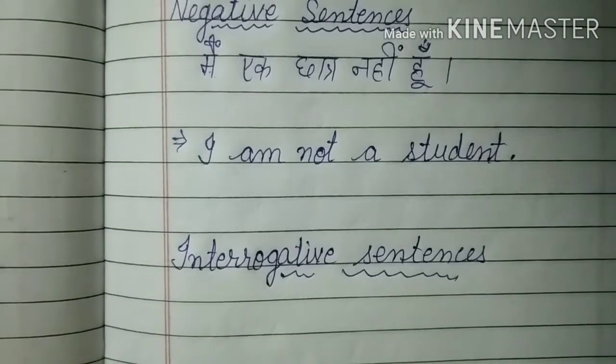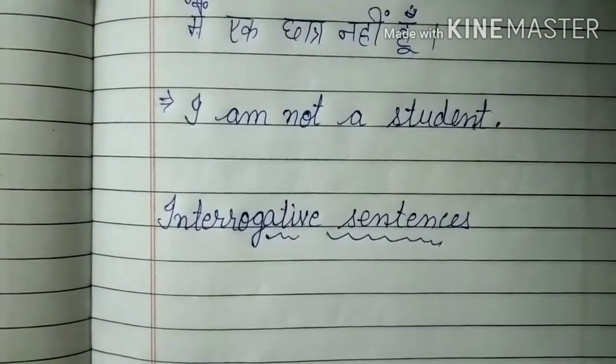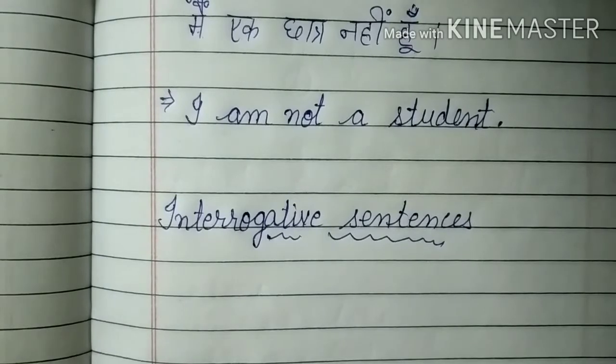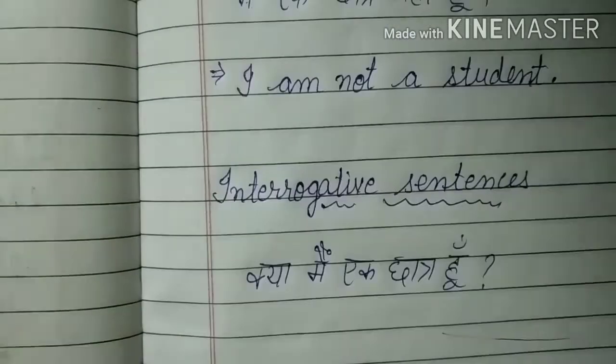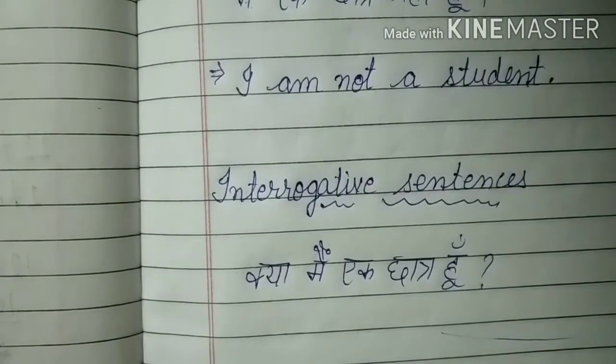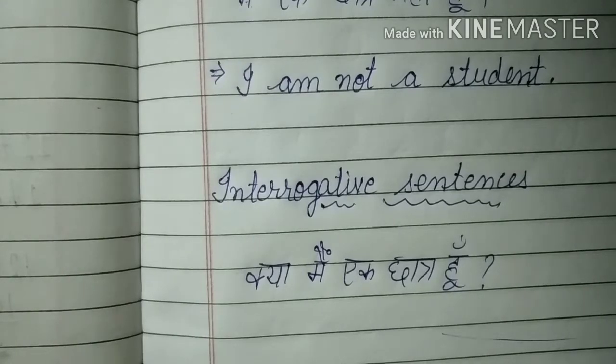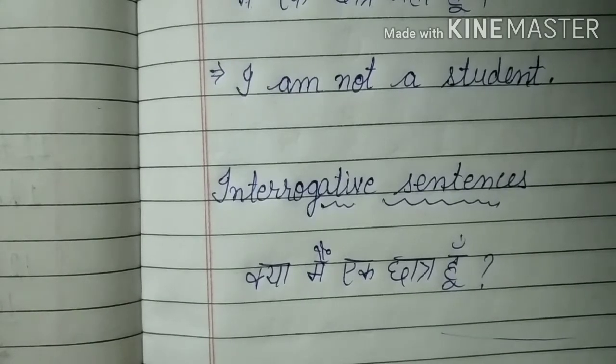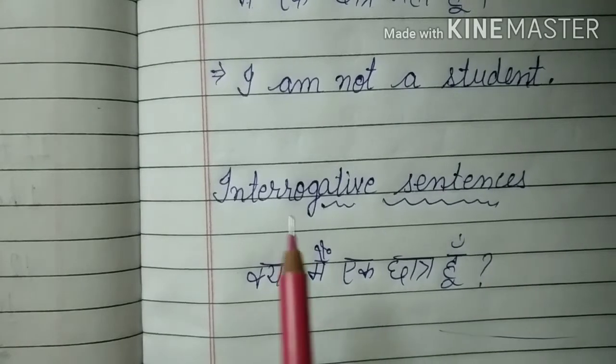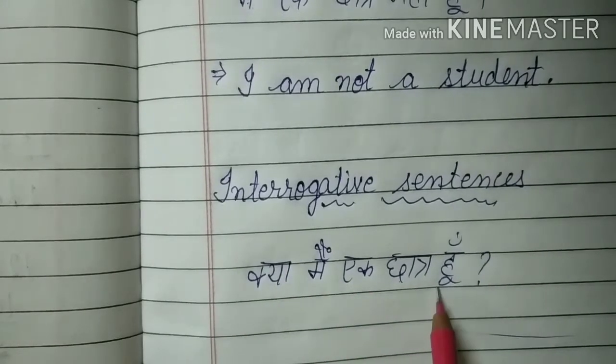So now come to the interrogative sentences. Interrogative sentences means प्रश्नवाचक वाक्य. Interrogative sentences are those sentences where a question is formed. So here is the sentence, क्या मैं एक छात्र हूँ.